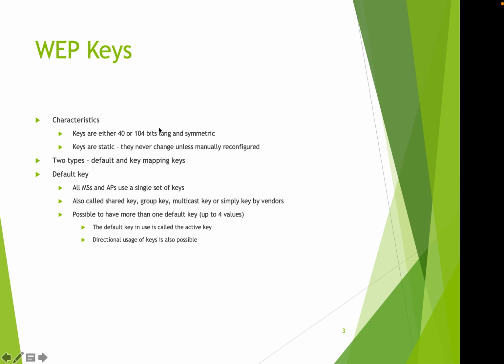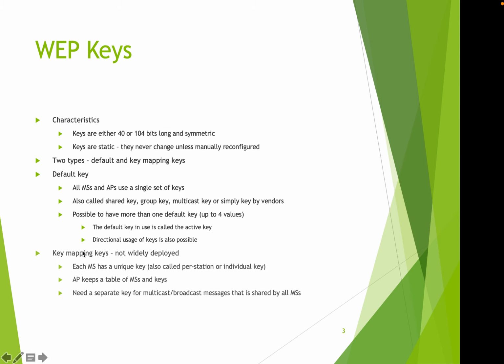The default key in use is called the active key. Key mapping keys are not widely deployed. Each mobile station, a portable device, has a unique key, and the AP, the access point, keeps a table of mobile stations.